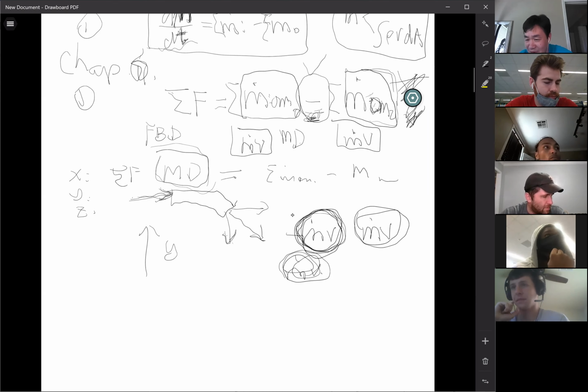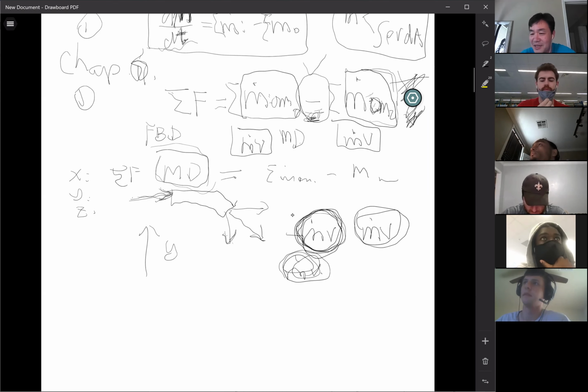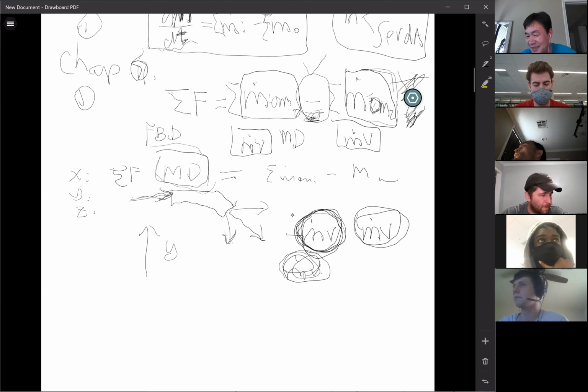Then 2D is X and Y. A 3D problem is basically X, Y, and Z. But in the third dimension, it may not have momentum, so it's easier for the calculation. But if it does, you put the momentum out minus momentum in for the Z direction. That's it. I don't see a difference, basically. Do you agree?